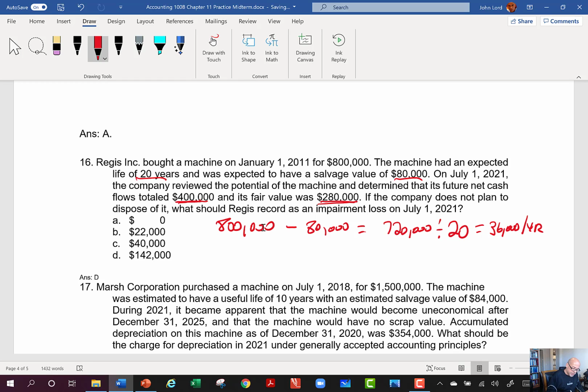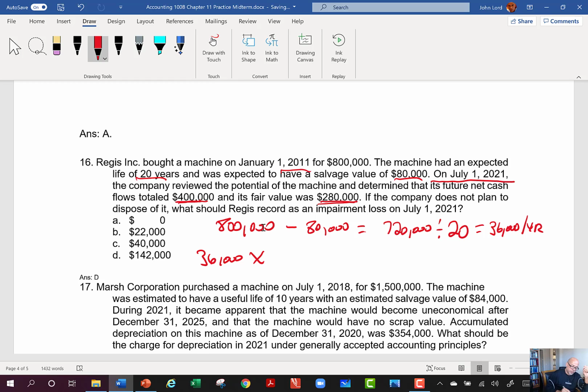Then I take the $36,000 per year and ask, how many years have I depreciated this? All of 2011, all of 2012, all of 2013, all of 2014, all of 2015, all of 2016, all of 2017, all of 2018, all of 2019, all of 2020, and half of 2021, because 2021, July 1st, is half a year.